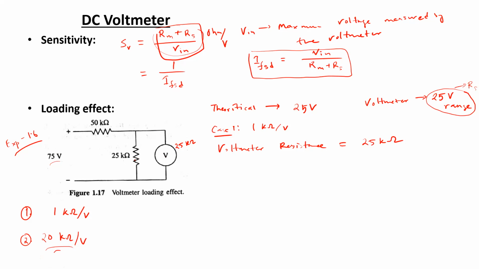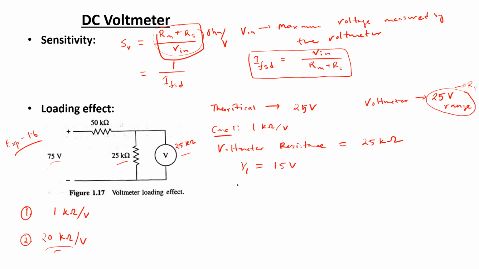If this parallel combination of these two resistances is considered, and after that the voltage divider rule is applied, then the voltage across this voltmeter for case 1, which I'm indicating as V1, would give us 15 volts, taking the parallel combination of these two resistances and then applying the voltage divider between the 50 kilo ohm resistance and the parallel combination of these two equal resistances.